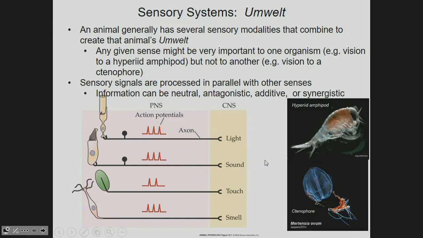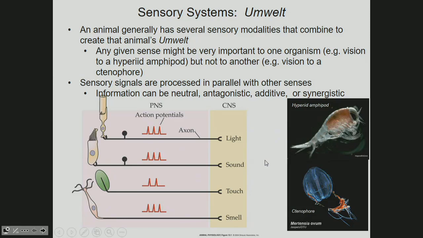With sensory systems, sensory signals are processed in what are termed parallel lines. So you've got parallel organization of sensory information. Think about it this way. You have a peripheral nervous system, PNS, and a central nervous system, or CNS, where information is being processed. That information comes in through various mechanisms.